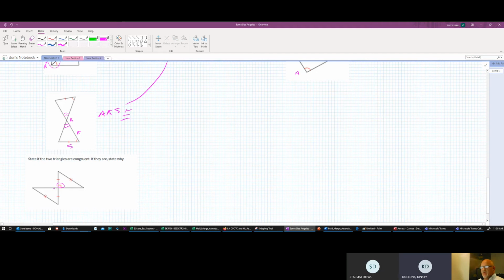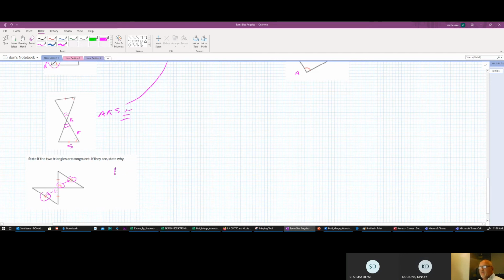Going back to vertical angles, what dimension do you think this angle is here? If that's a right angle there, what do you think this is? A right angle. Now, the hypotenuse is the side opposite the right angle. So that's the hypotenuse. And we can see that's got 2 and that's got 2. So they're the same size.